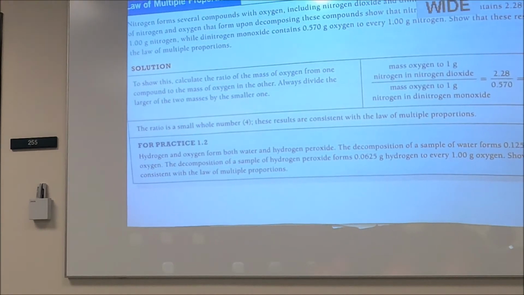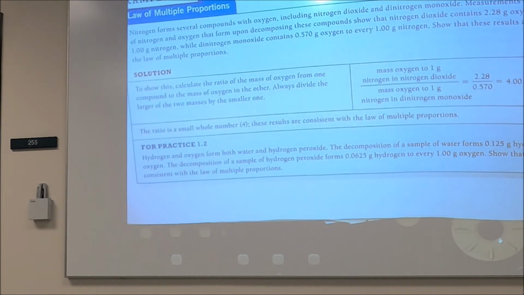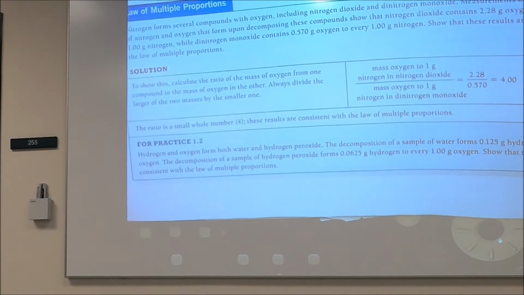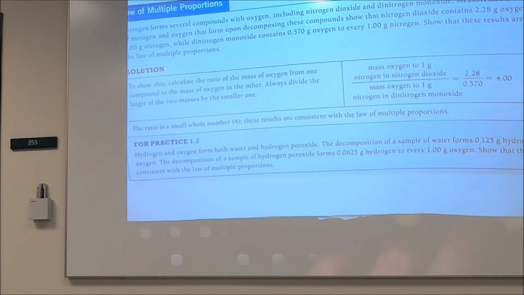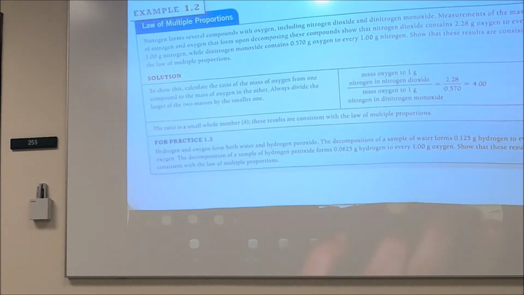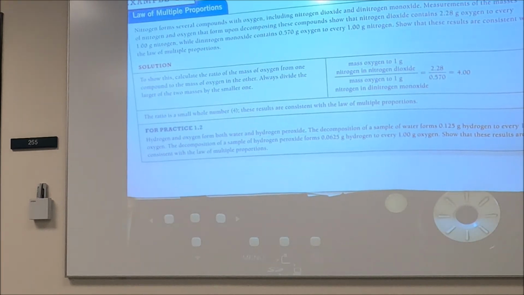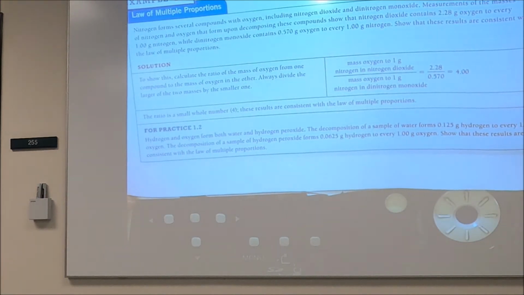Now, let's read it. It says hydrogen and oxygen form both water and hydrogen peroxide. Okay? It says the decomposition of water gives us 0.125 grams of hydrogen for every 1 gram of oxygen.